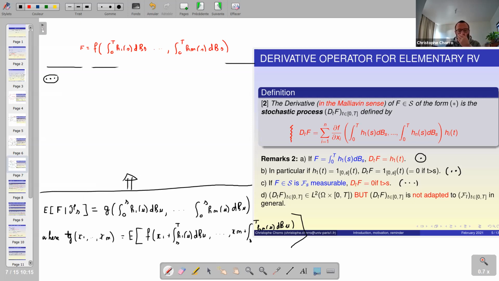So what can I say? I know that f is very regular because f is of class C infinity with polynomial growth. And by dominated convergence, I can prove that since f belongs to the mapping of class C infinity with polynomial growth, the same holds for g.